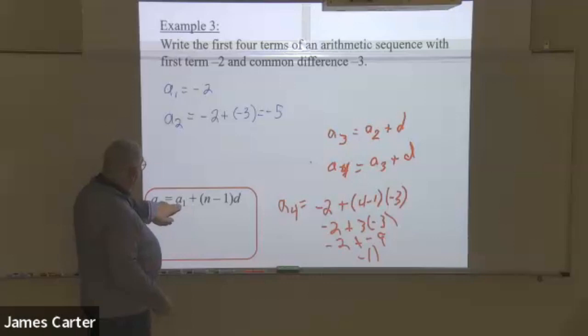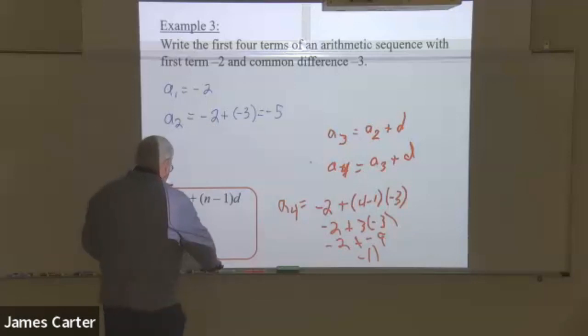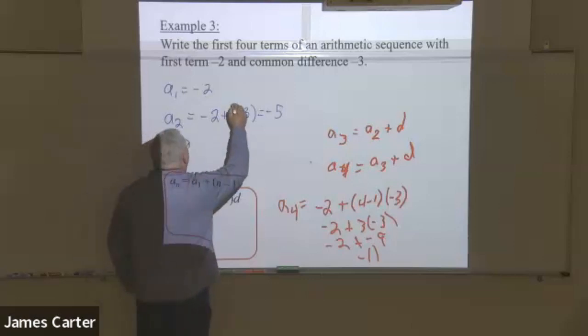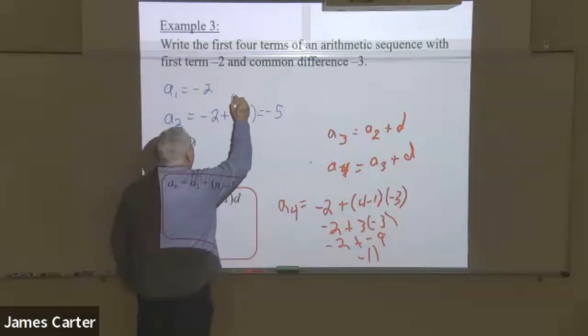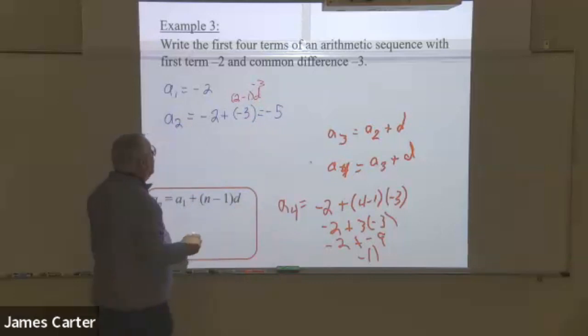This formula says you take the first term plus, and they didn't show this step up here, so I will, n is 2 in this case, -1 times d, which is -3, okay?